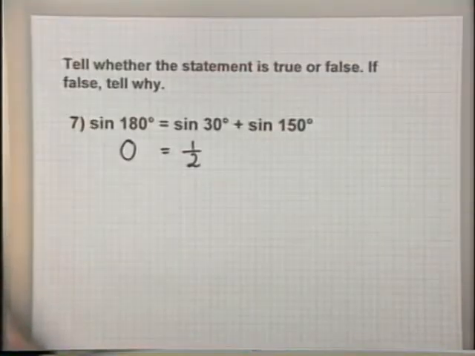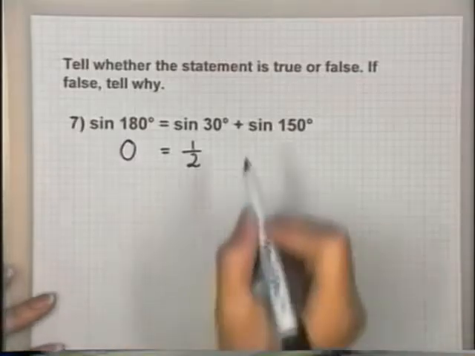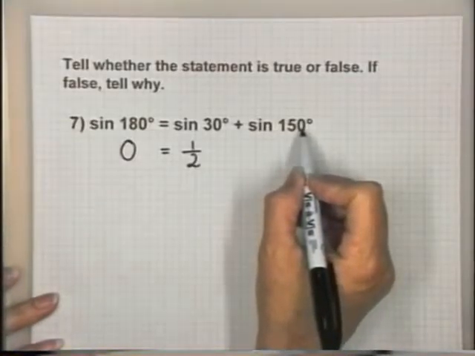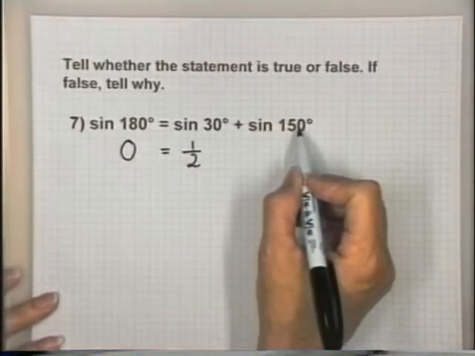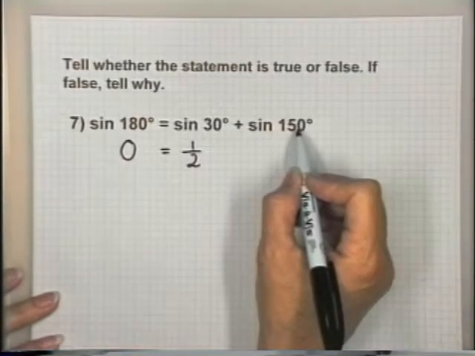Now, we found the sine of 150 earlier, but we can review that. We know that the reference angle of 150 is equal to 30 degrees.